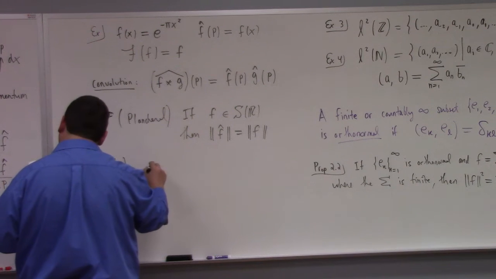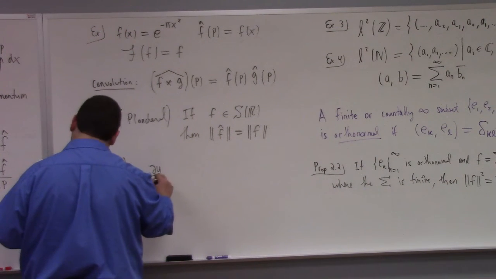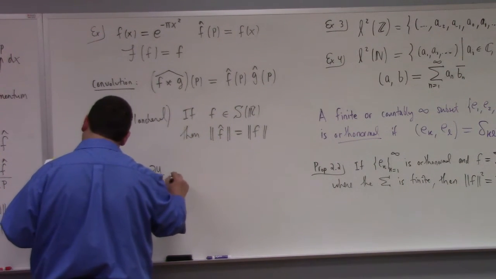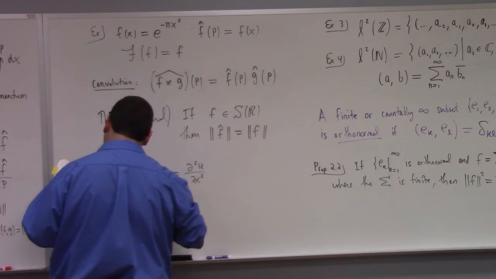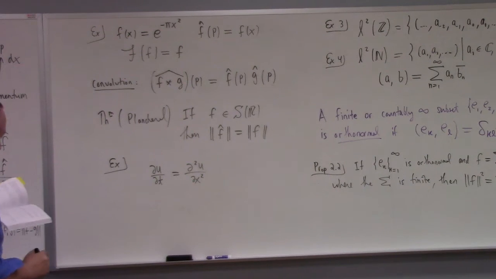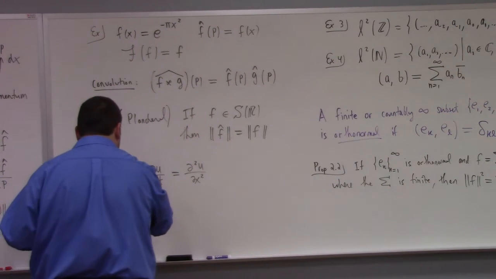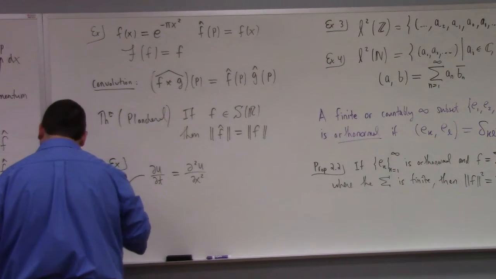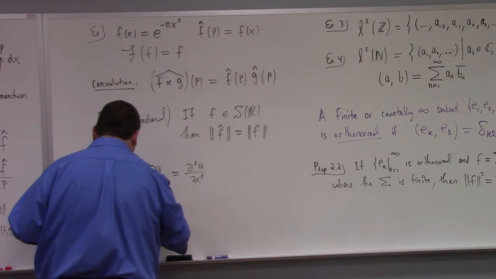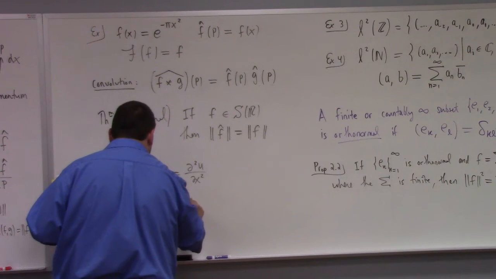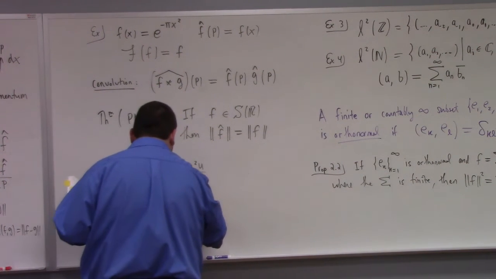So we want to solve a heat equation: partial u partial t equals partial squared u partial x squared. So what you do is you take the Fourier transform of this partial differential equation. When you do that, you get partial u hat partial t equal to minus 4 pi squared p squared u hat.